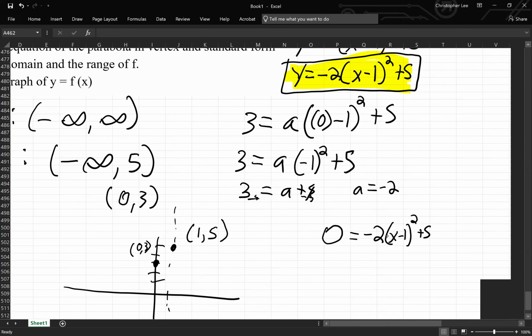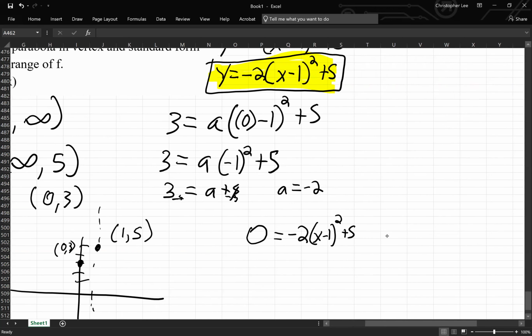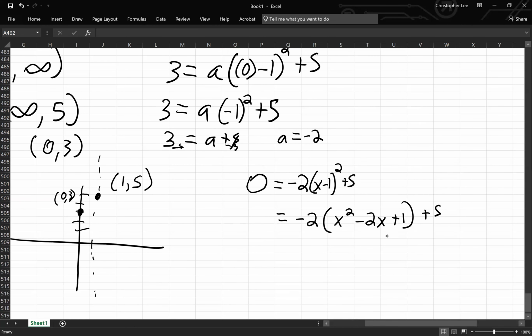Very simple, right? And then just do the math on it. Nothing crazy. -2 times, what's that? x squared minus 2x plus 1, plus 5 over here.